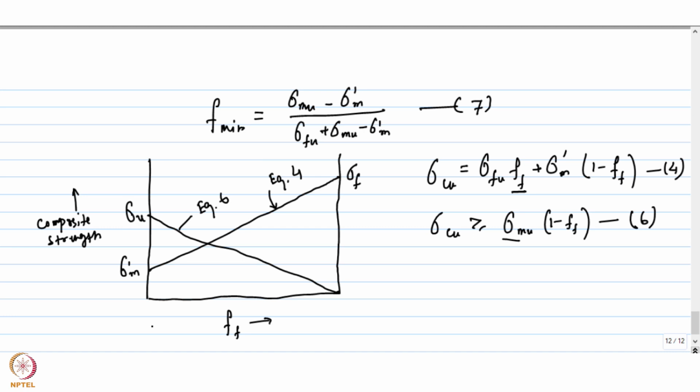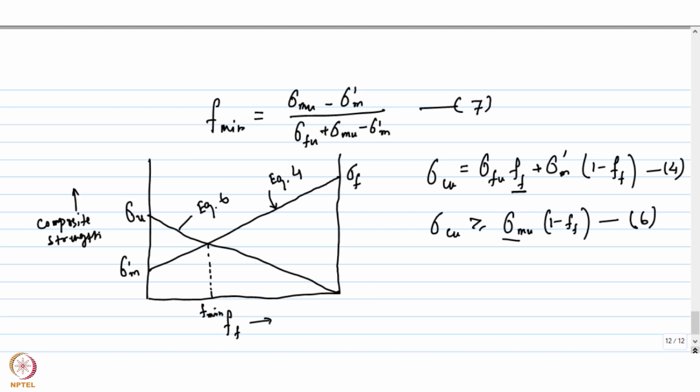Okay. And the intersection that you have between these two lines represents the minimum volume fraction of fiber which is needed to obtain any strengthening effect.